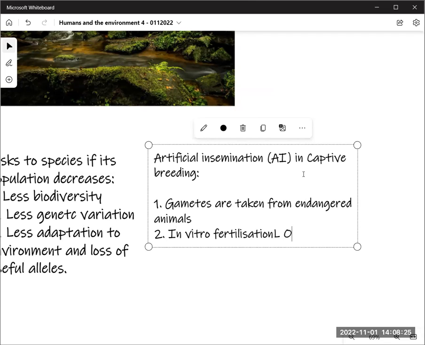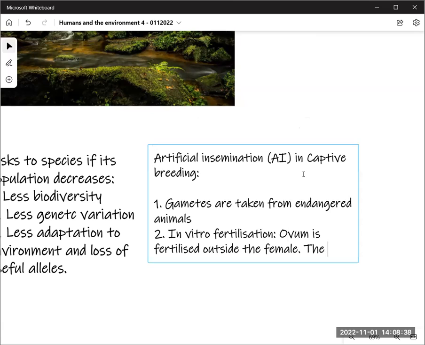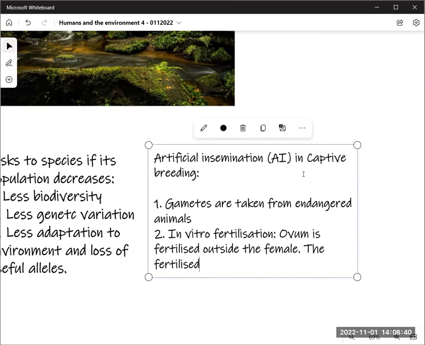Ovum is fertilized outside the female. The fertilized ovum is implanted in uterus.